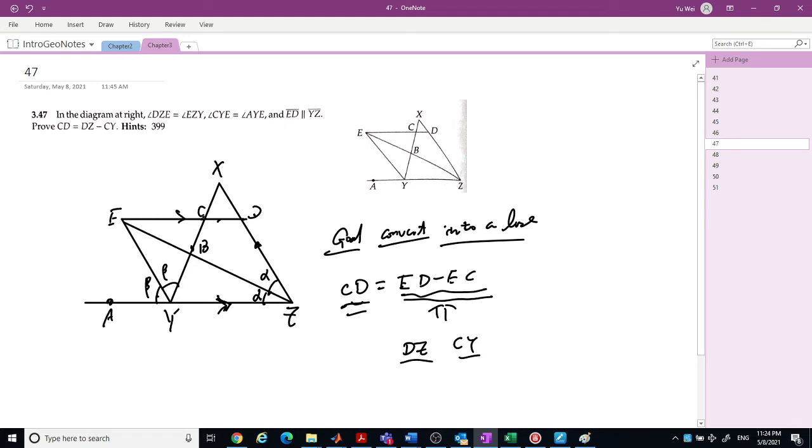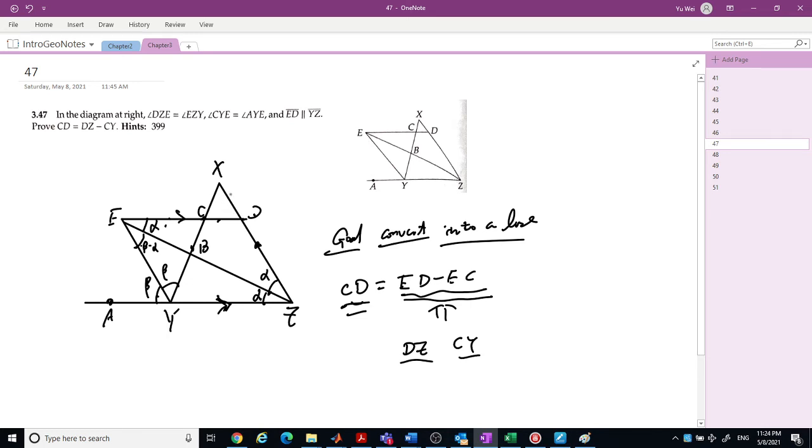Let's see. We have ED parallel to YZ, and the cutting line is EZ. So here you can see this is alpha, right? And we have ED parallel to AY, cutting line is EY. So you know this angle is beta, this angle is beta. So this angle is beta minus alpha, right?